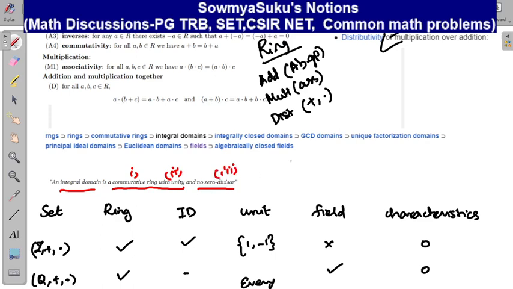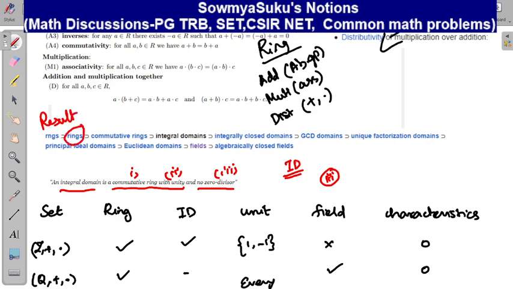In some problems, for finding the integral domain, we can check only the third property alone, whether it has no zero divisors or not. Accordingly, you can decide whether it is an integral domain or not. Because if you find unity, commutative ring is automatically obvious. So the third one is the compulsory one to check for the integral domain: no zero divisors. So this is one of the results.